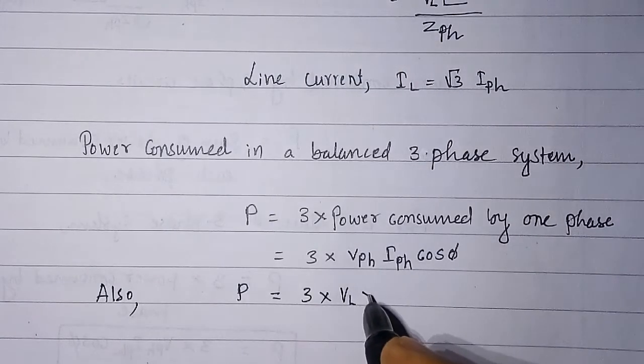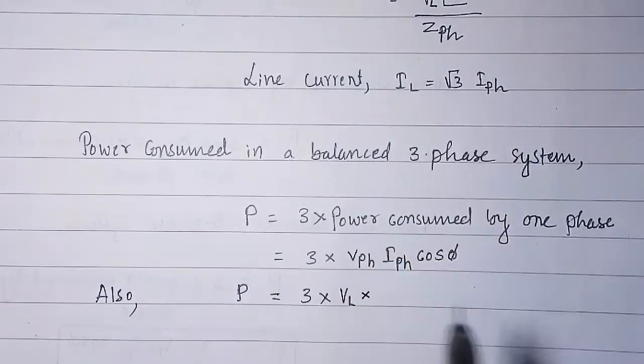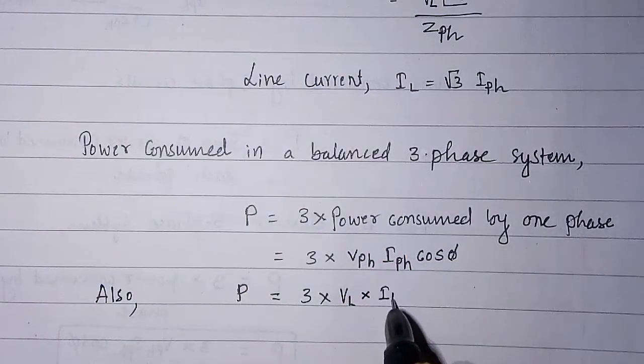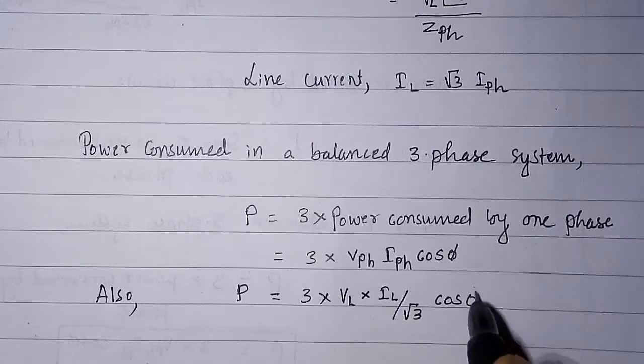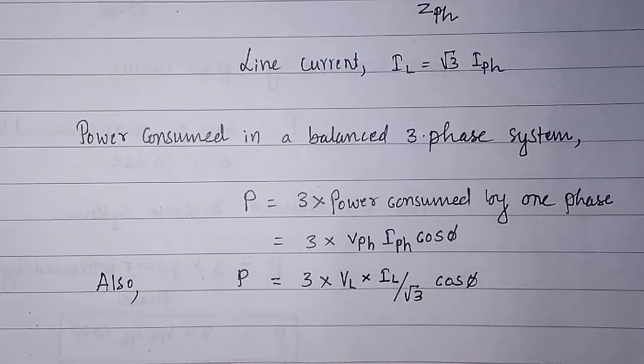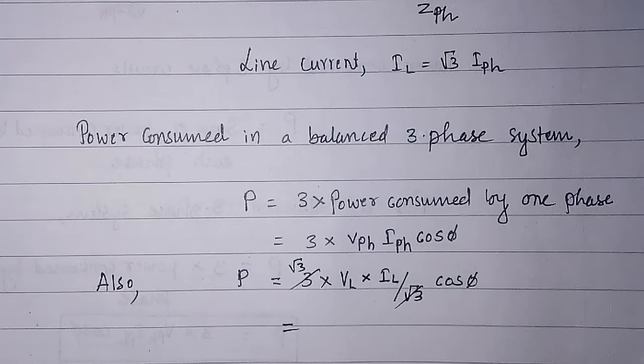IPH is equal to IL by root 3, into cos phi, that is power factor. By cancelling 3 by root 3, we get root 3 into VL into IL into cos phi.